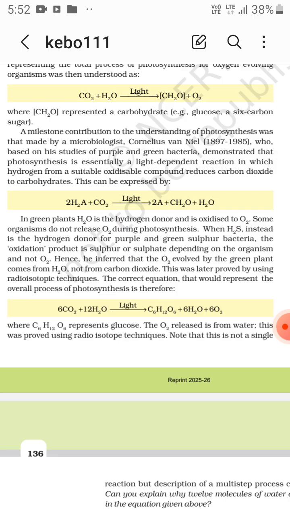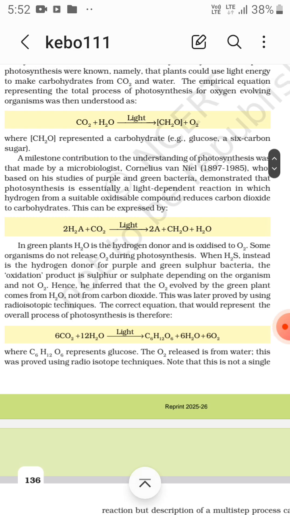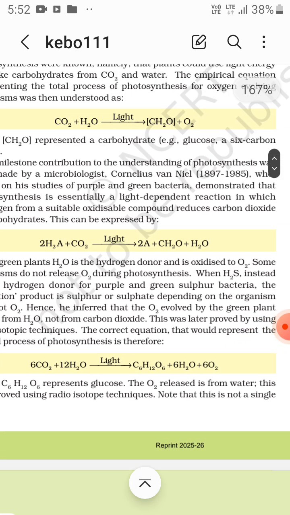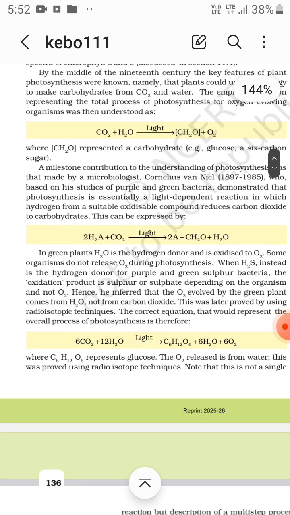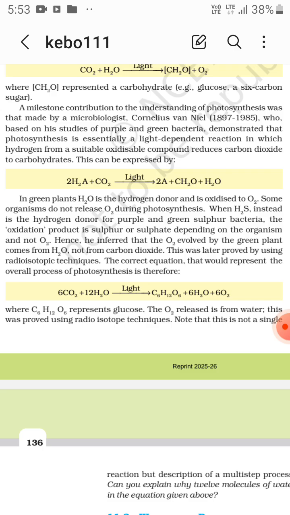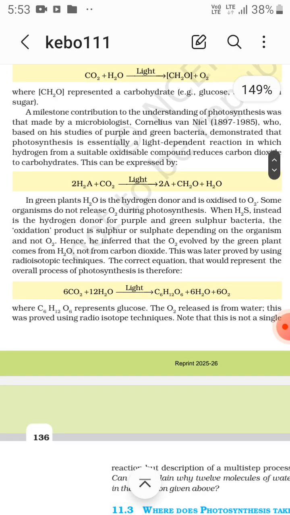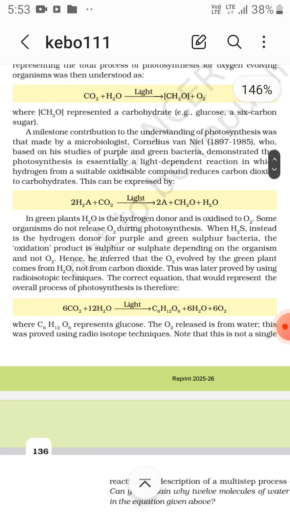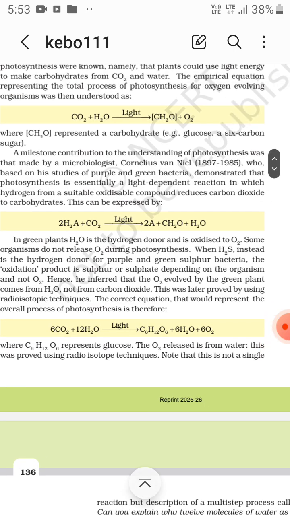So hydrogen from the oxidizable compound reduces CO2 into the carbohydrate CH2O, and H2A itself gets oxidized. In green plants, H2O is the hydrogen donor and is oxidized to oxygen, as I said.